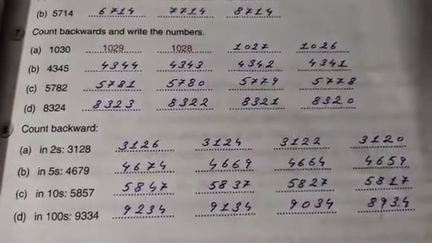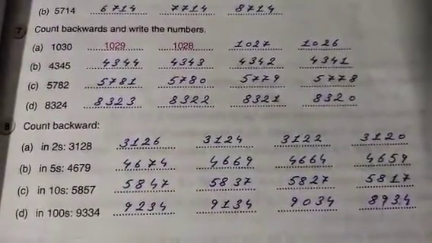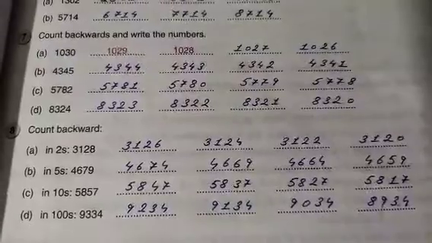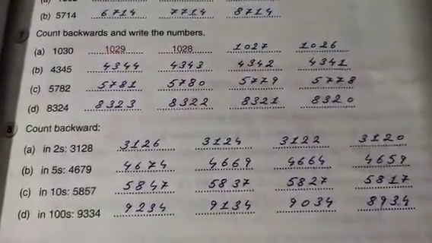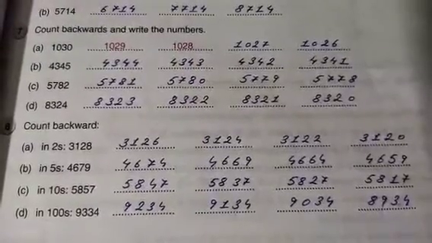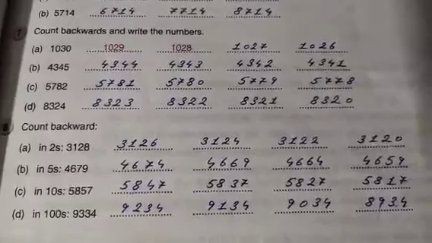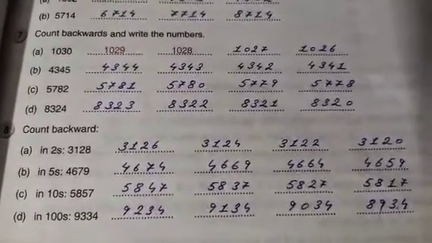Make a rough column on the right hand side of your notebook. Add and subtract. See whatever you are getting and then write the answer. But those who are confident in your counting, you can do it orally. No problem. Okay?